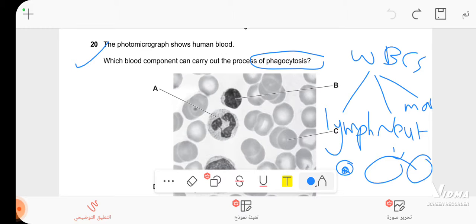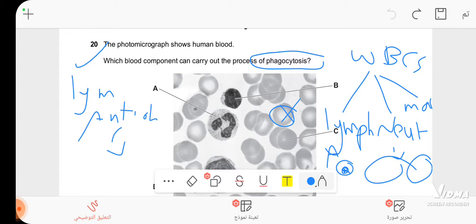So white blood cells are different from red blood cells. This is red blood cells. We have only one kind of red blood cells, but we have three types of white blood cells. Lymphocyte, which produces antibodies. يبقى lymphocyte function: produce antibodies. خلاص. Why?